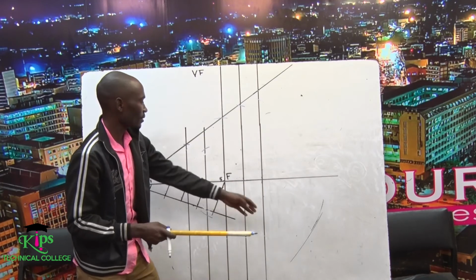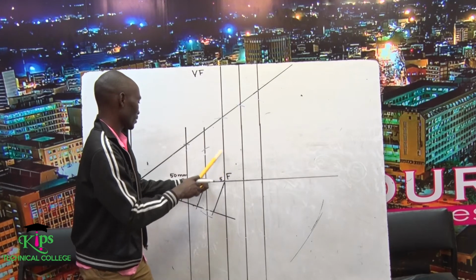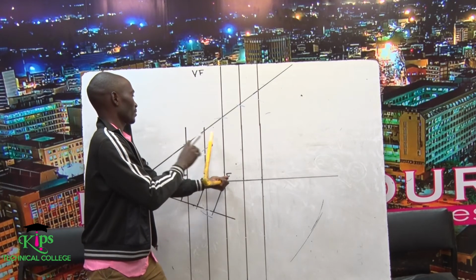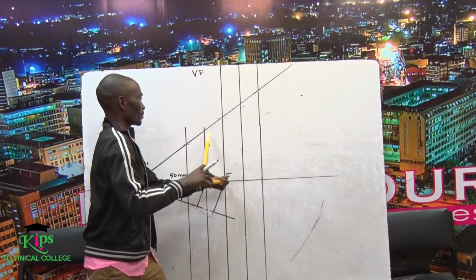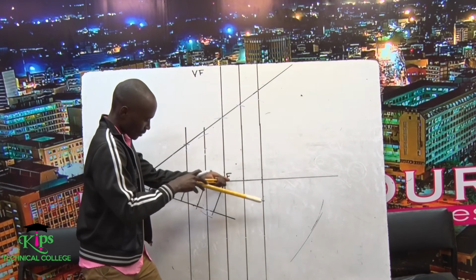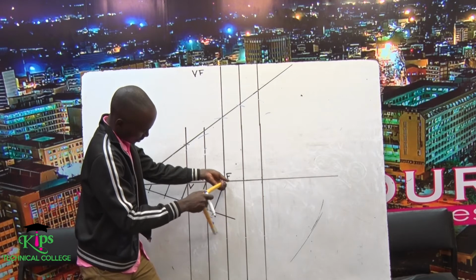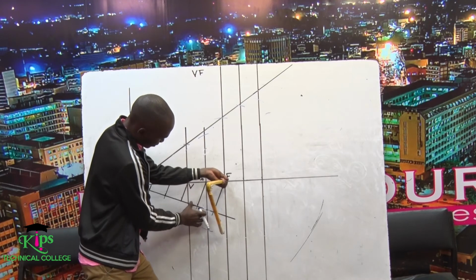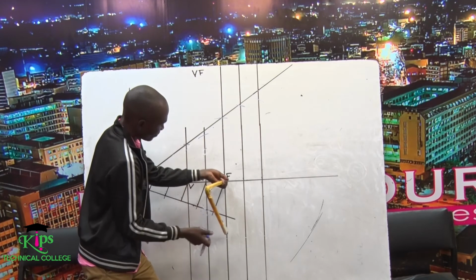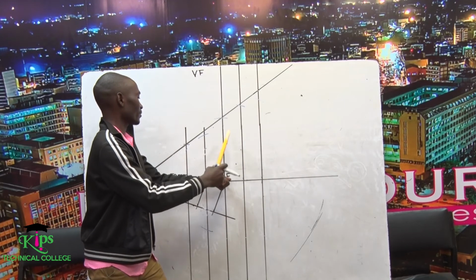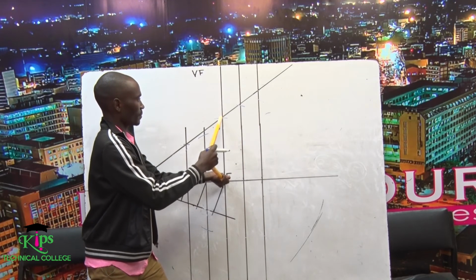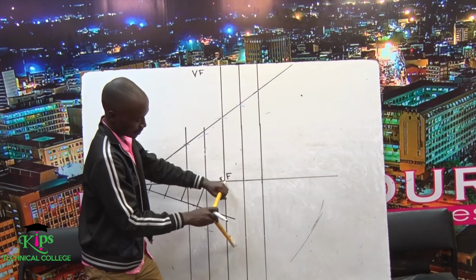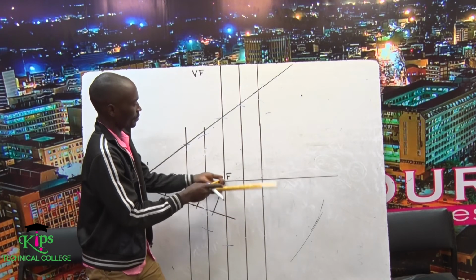So let's mark for this side. Go to this one. At this one we stepped at. This one. Then downwards. Then from there, this one. It is already at F, I don't need to transfer. From there, this one.